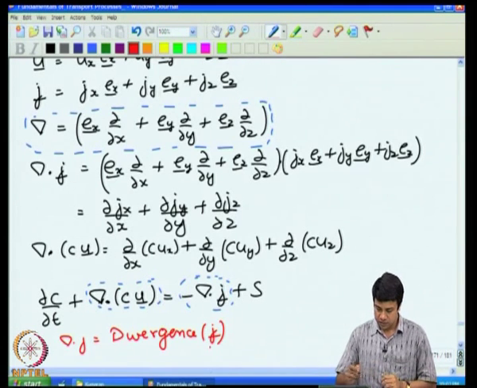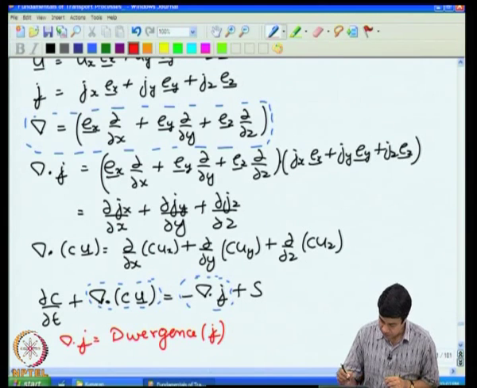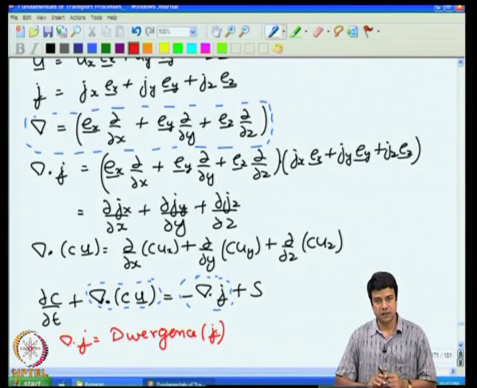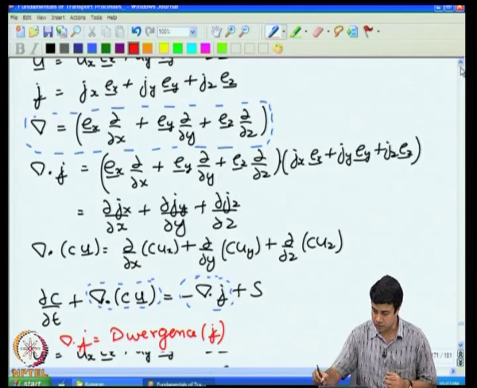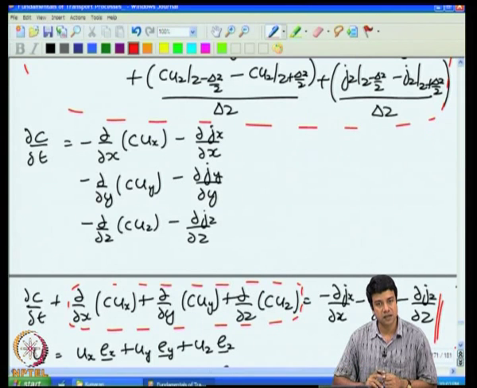It's a dot product between two vectors. The gradient is a vector, the flux is a vector, and therefore, the divergence of J is a scalar. Similarly, on the left hand side, we can write the terms in red in the equation as the divergence of the concentration times the velocity, the local concentration times the local velocity.